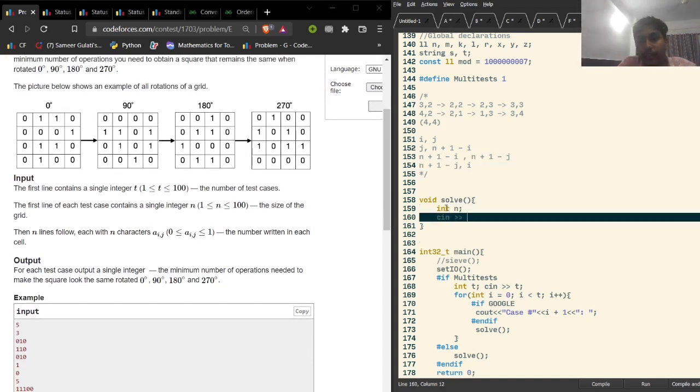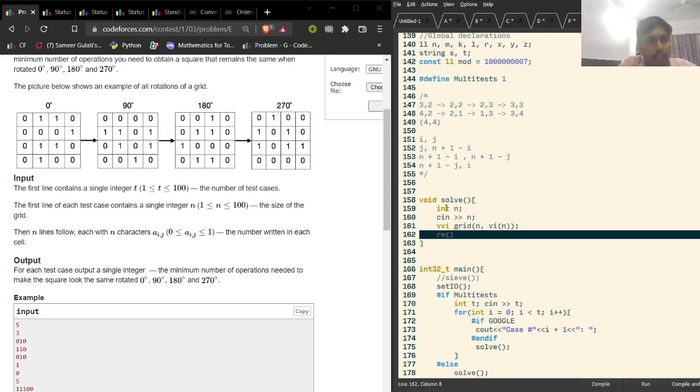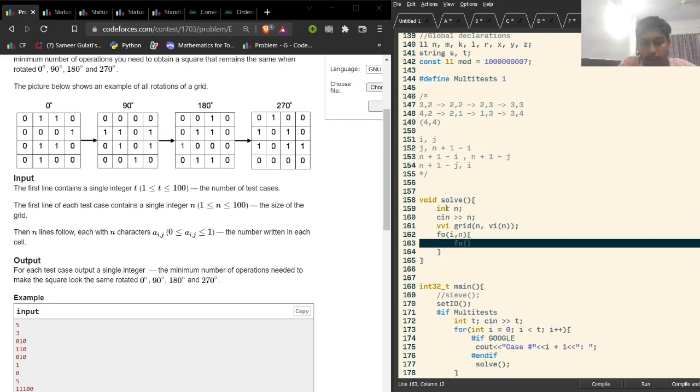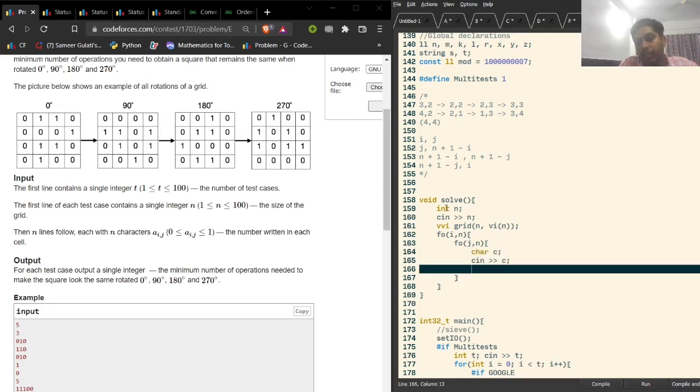Okay, so int n, cin n, vvi grid of n comma vi of n. I want to read the grid, so for i in n, for j in n, char c, cin c, grid of i comma j is equal to c minus '0'.